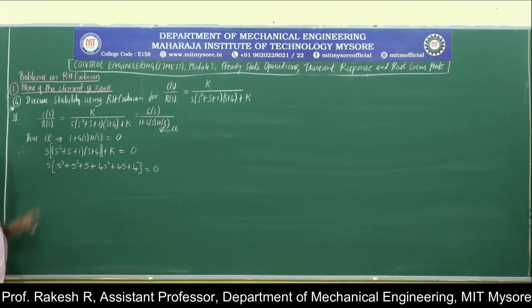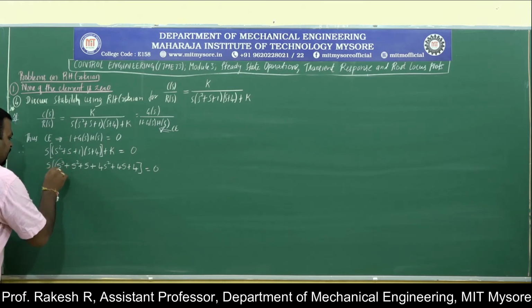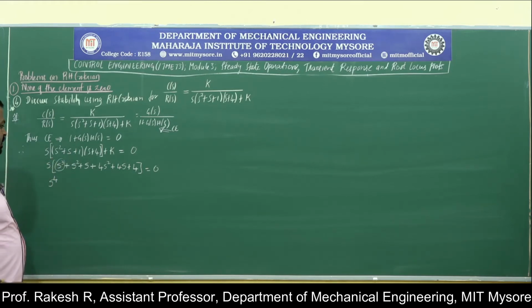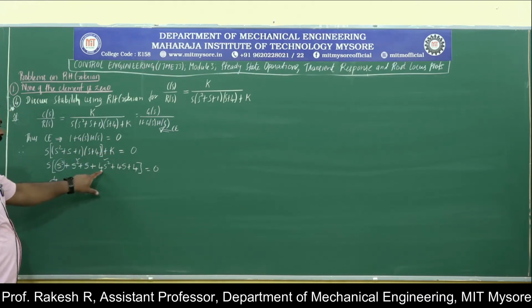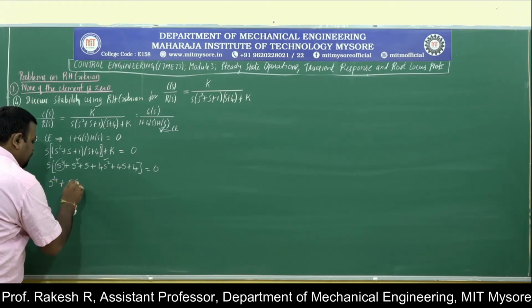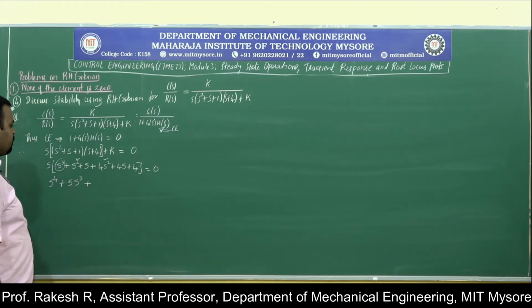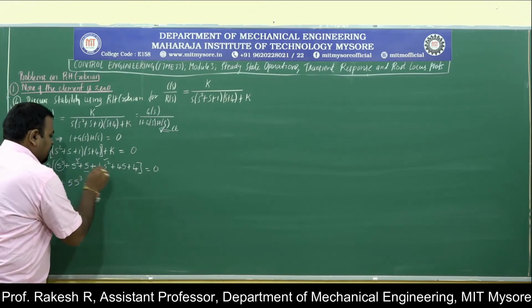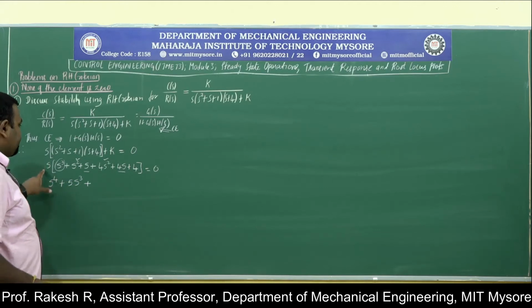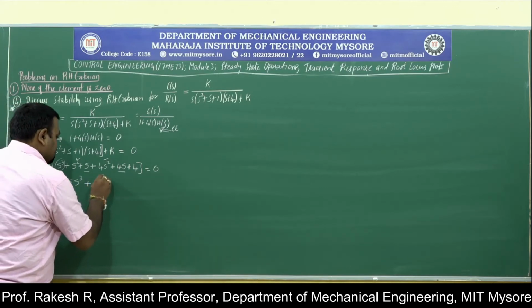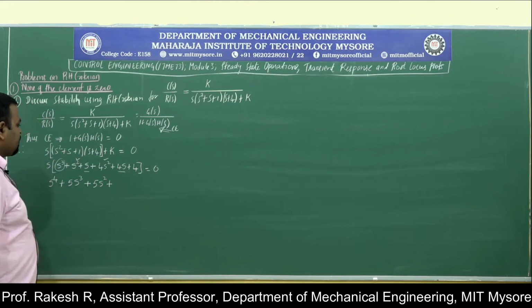Then I will segregate the terms and multiply S. So this will become S to the power of 4, only one term has S cube, then S square 1 plus 4, it is 5 S square into S, it will be 5S cube, plus S terms 1S, 4S, 4 plus 1, again it is 5S into S, it is 5S square, plus the constant term.